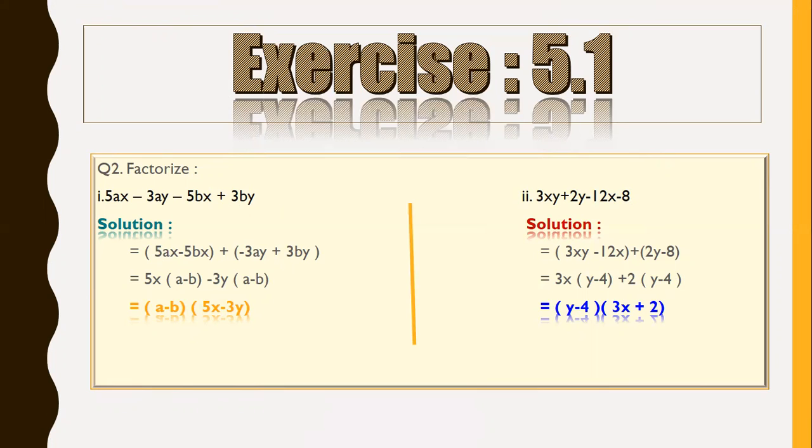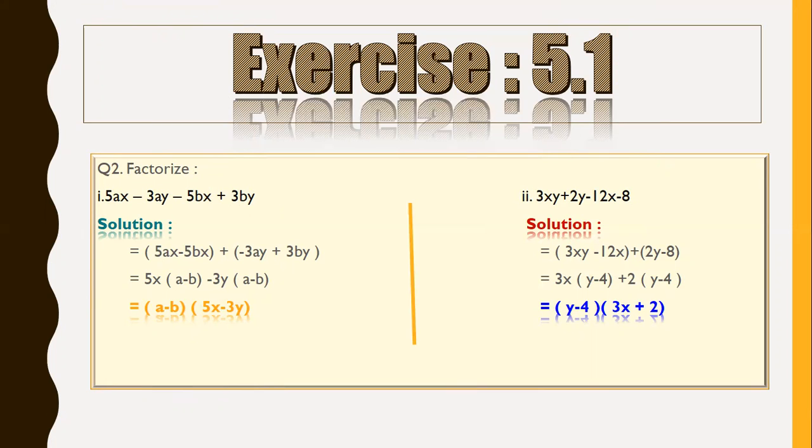We enclose in brackets 5ax minus 5bx and in the other bracket minus 3ay plus 3by. Always remember that when you are rearranging the terms or making the partners, you always put the positive sign between the brackets.